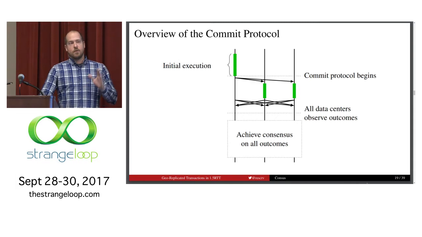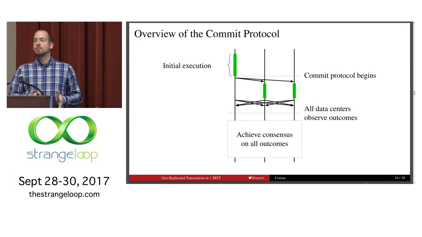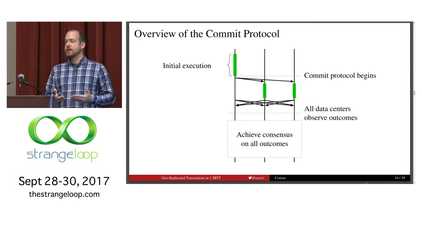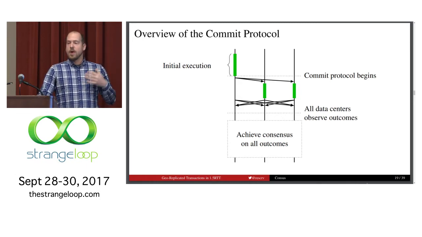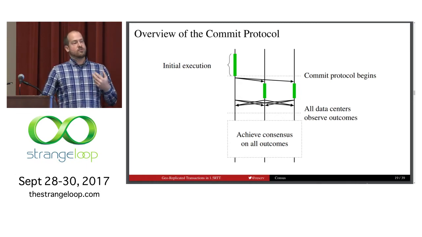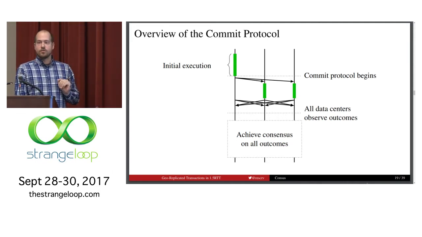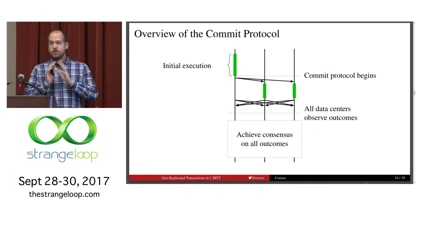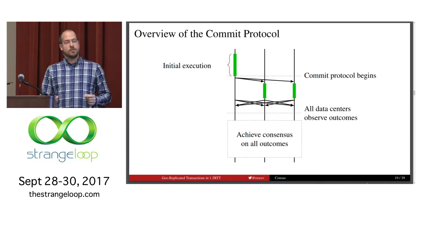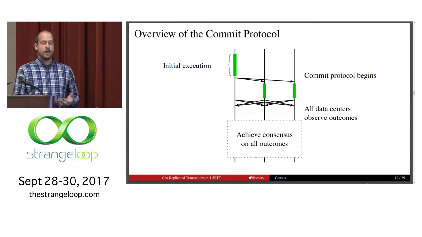If we were to take those 3 data centers and draw a timeline of the activity of a single transaction in the system, we would have the initial execution. The transaction is going to execute in one data center. And once it finishes executing at the bottom of that first green box, the commit protocol is going to begin. The initial data center will ship the log for that transaction to 2 other data centers to replay.